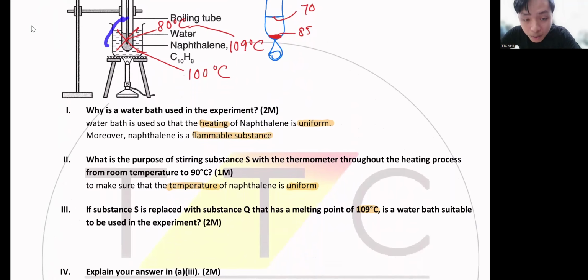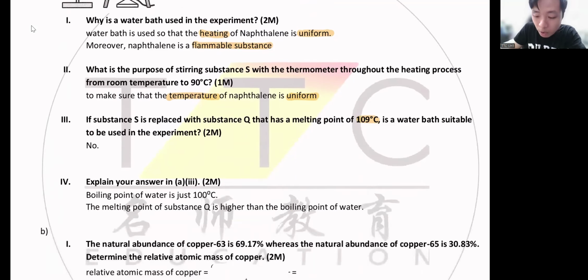Because my boiling point can only reach 100, so how can I get 109? So you can say no, because the boiling point of water is just 100. Then the melting point of Q is higher than the boiling point of water.